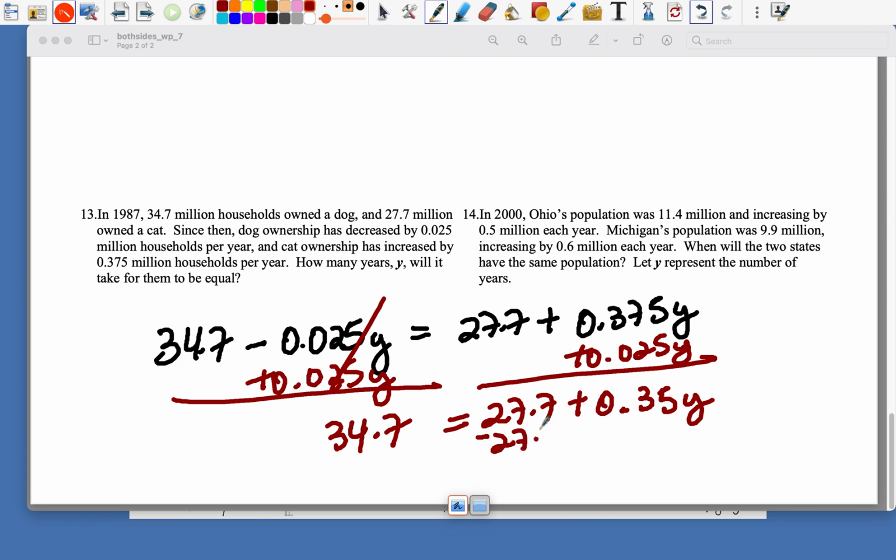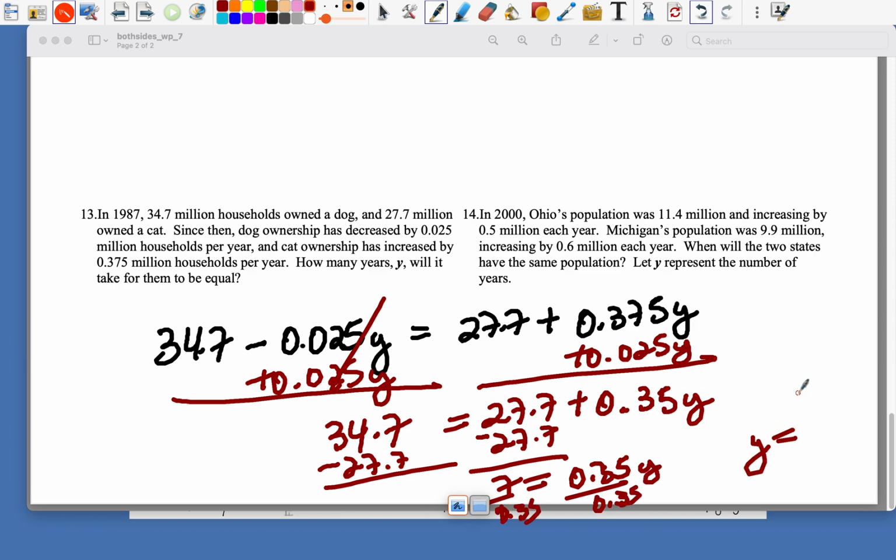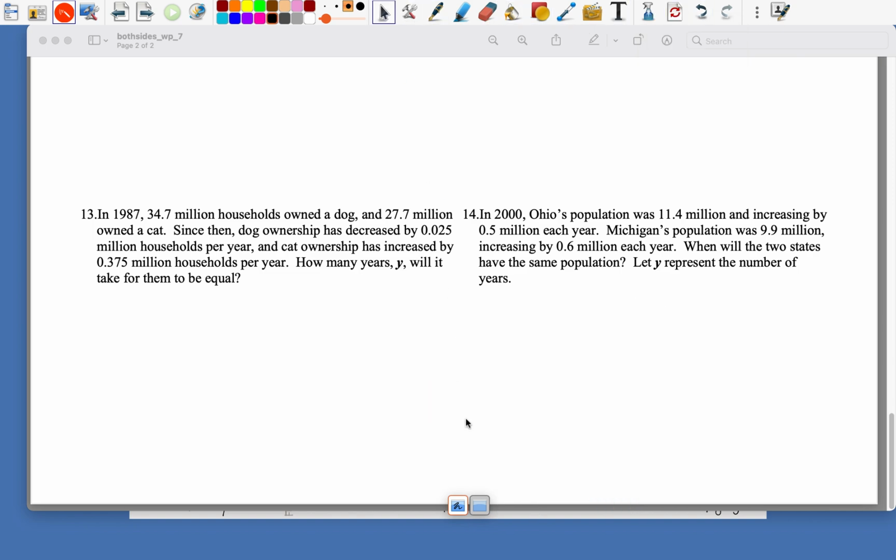Minus 27.7 on both sides. And we get, what is that? 7 equals 0.35y. Divide both sides by 0.35. And y equals, what is that, 20? 7 divided by 0.35. Yep. After 20 years, the number of cats and the number of dogs will be the same. Alright, one more.